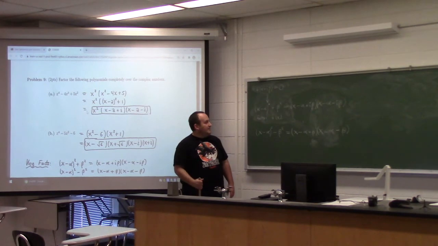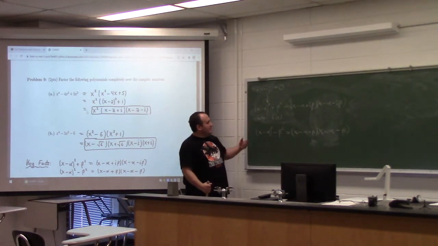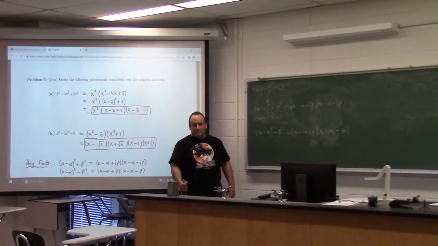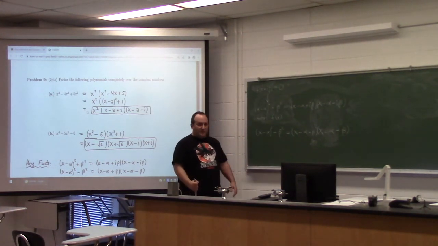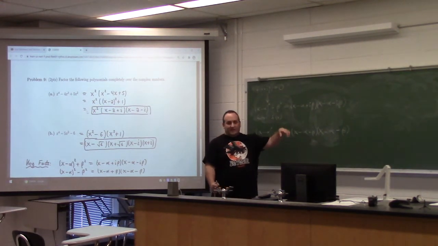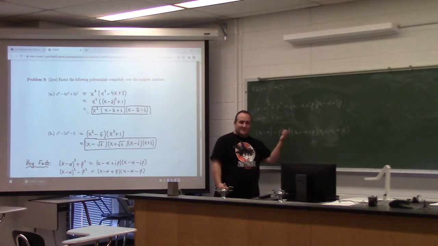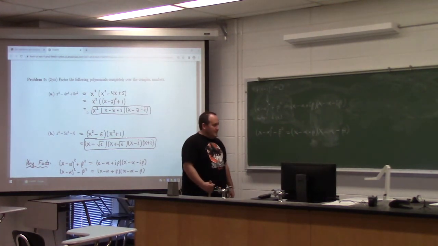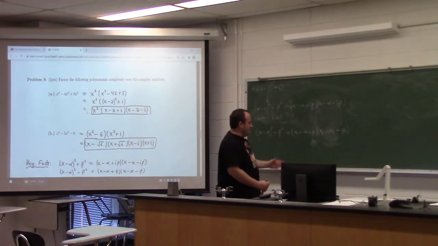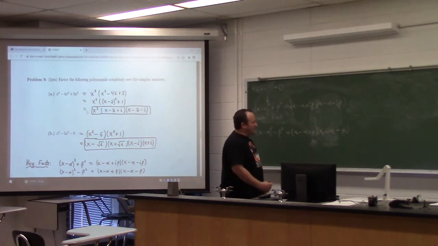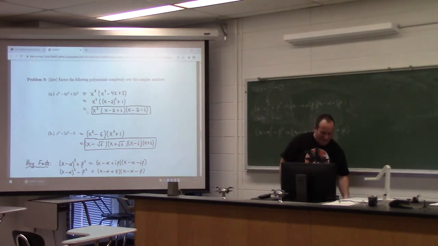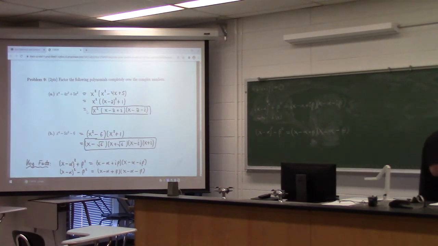Either you can find a positive beta such that it's x minus alpha plus beta squared, or it's x minus alpha minus beta squared. Either it factors over the reals like that, or it factors over the complexes like that. Technically this is also over the complexes, because every real number is also a complex number. But in this language we say this is a real factorization. Of course, technically it's also a complex factorization, but you know what I mean.